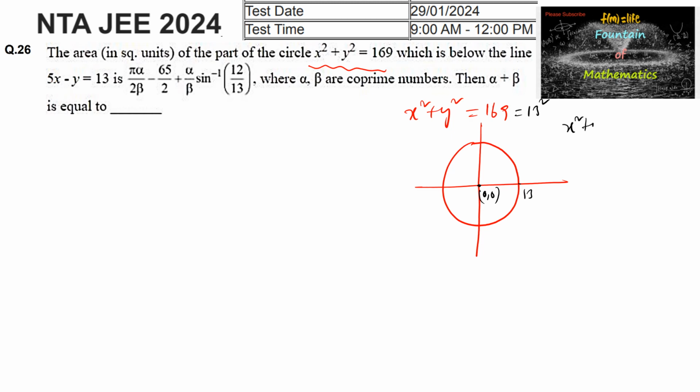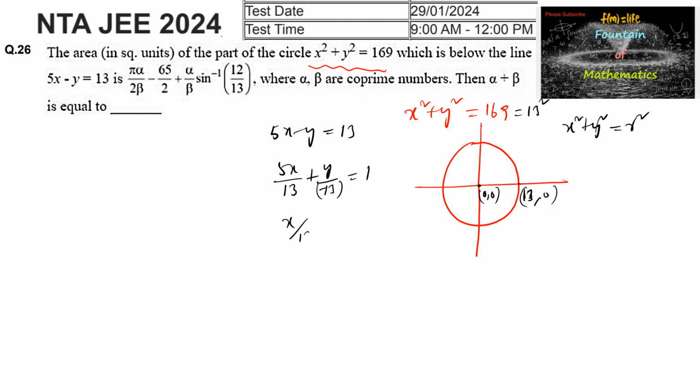So it is in the form x square plus y square is equal to r square. So the radius is 13 units. So this point is 13 comma 0. And now the line 5x minus y is equal to 13, or we can write 5x upon 13 minus y upon 13, or y upon minus 13 is equal to 1.